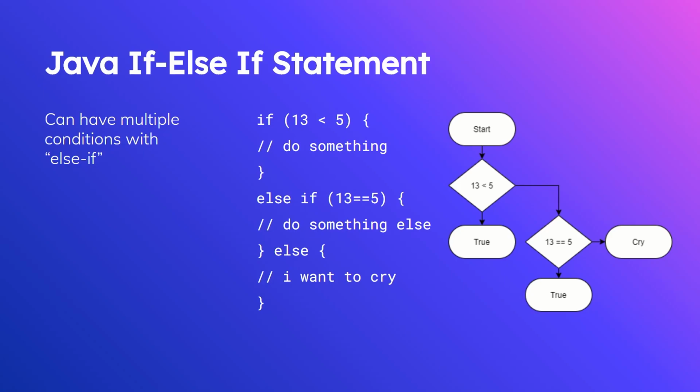If it's not true, I'll move on to the next potential condition until we do find a true condition or we end up with the else statement. Do note that if hypothetically this were to be true, we wouldn't end up checking any of our other statements below it.